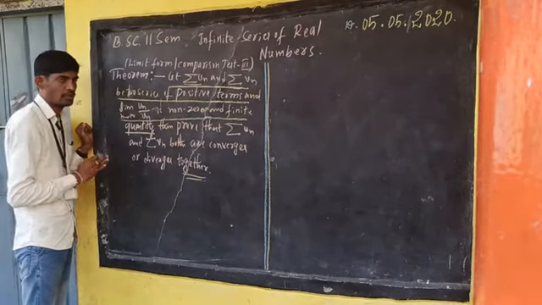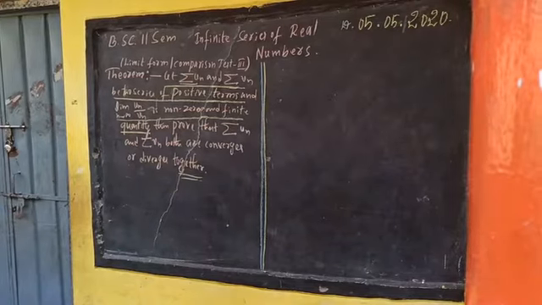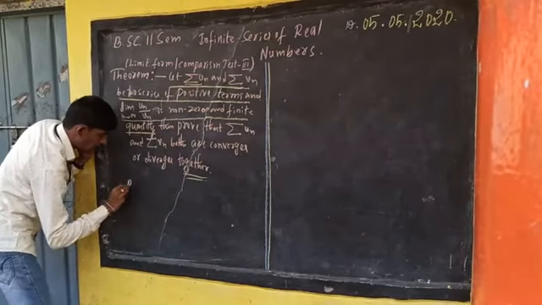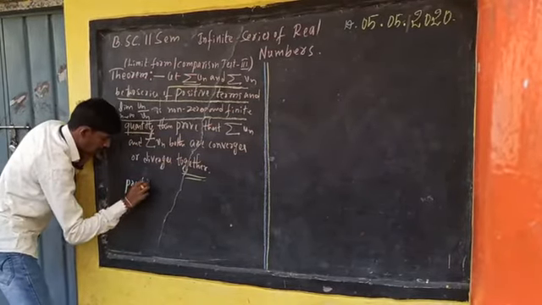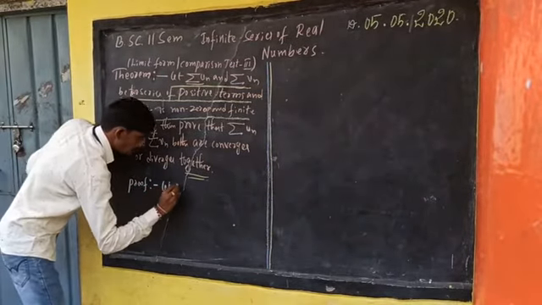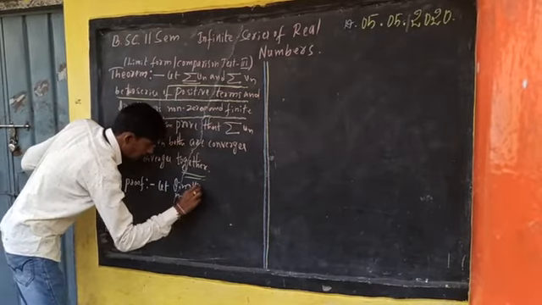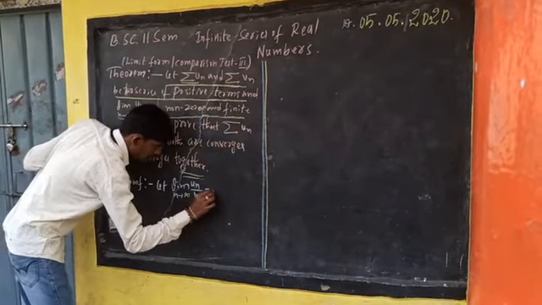Next, we move to the proof of this theorem. Let the limit as n tends to infinity of un by vn be equal to l.